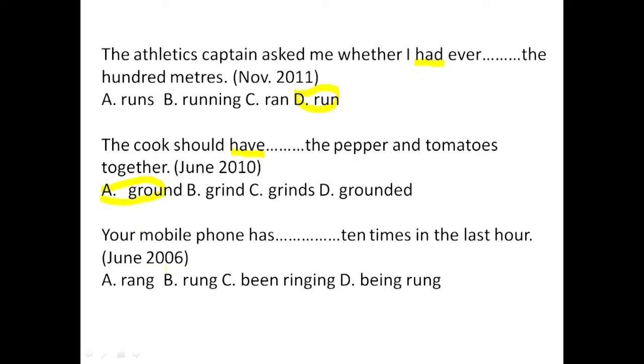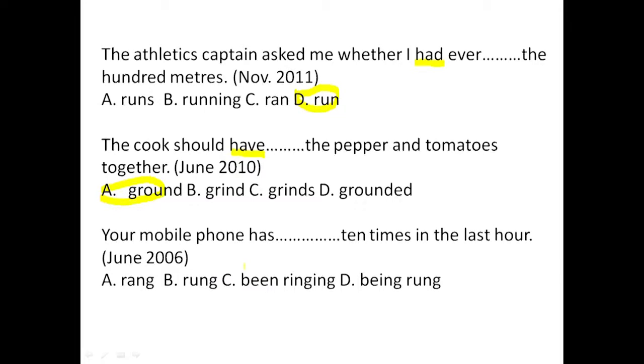Next question. Your mobile phone has rung 10 times in the last hour. June 2006. Again, we are being tested on the past participle form of the verb ring.